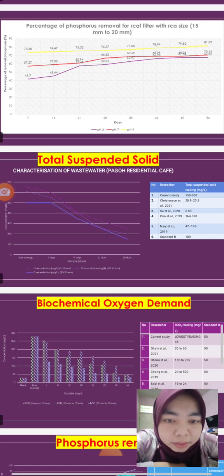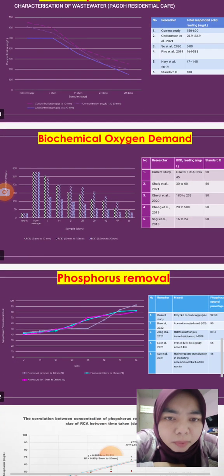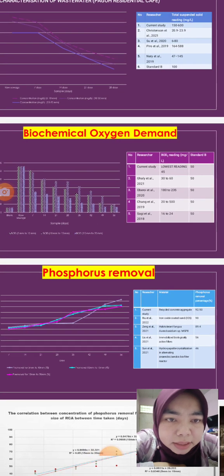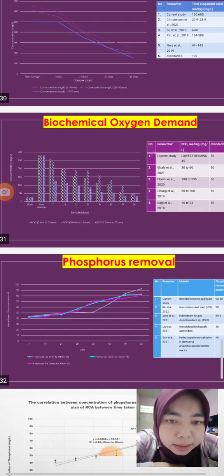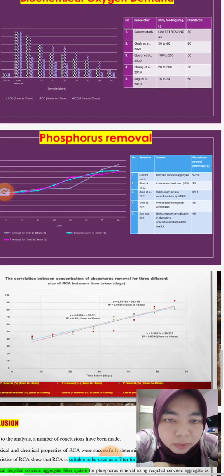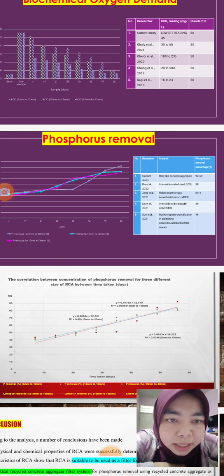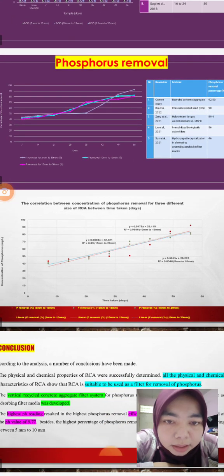For biochemical oxygen demand, the current study has the lowest reading, which is 45 milligram per liter compared to standard B. Next, for the current study, which is 92.50 for recycled concrete aggregate filter. Next, for the correlation between concentration and phosphorus removal for 3 different sizes, we have the R squared near to 1.